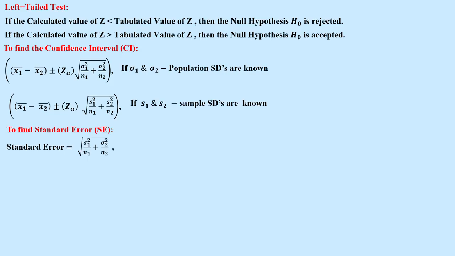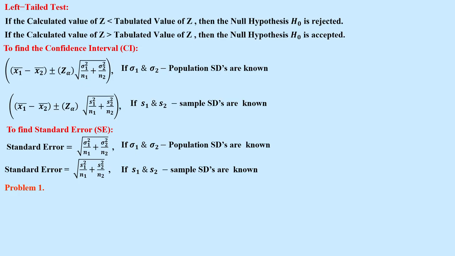The standard error SE is equal to root of sigma 1 square by n1 plus sigma 2 square by n2, if you know sigma 1 and sigma 2. If you know s1 and s2, the standard error is equal to root of s1 square by n1 plus s2 square by n2. Next, we will see the problem.